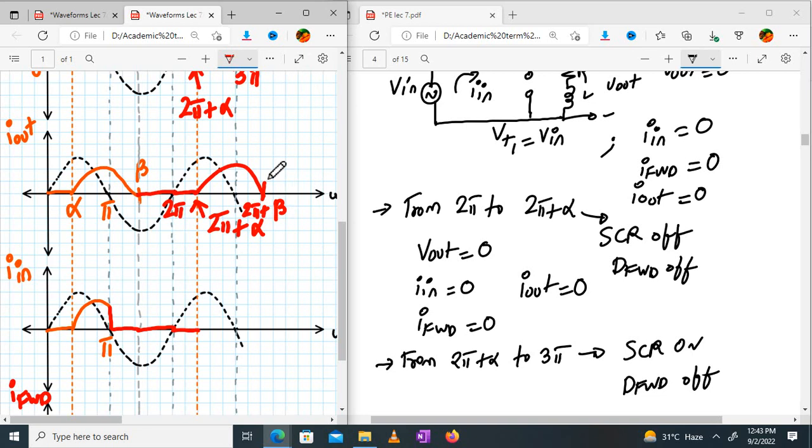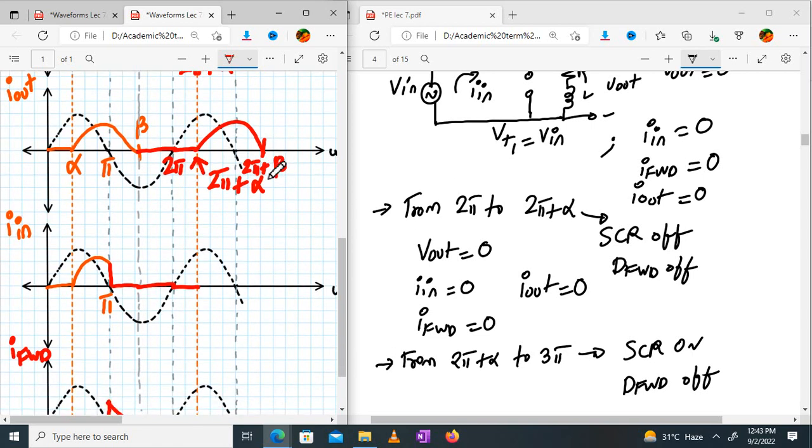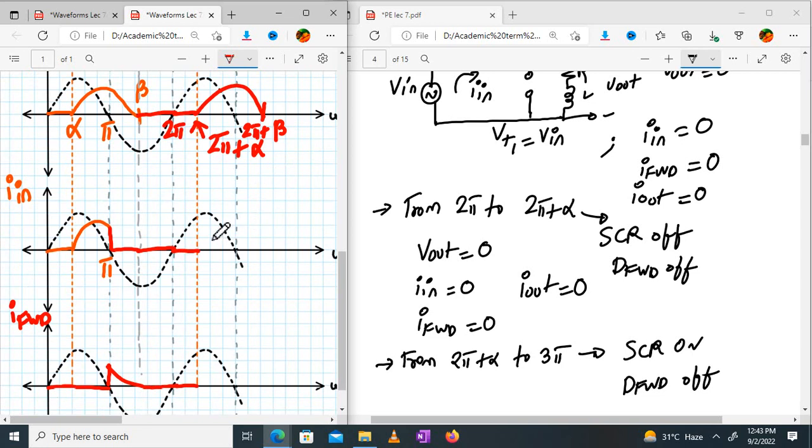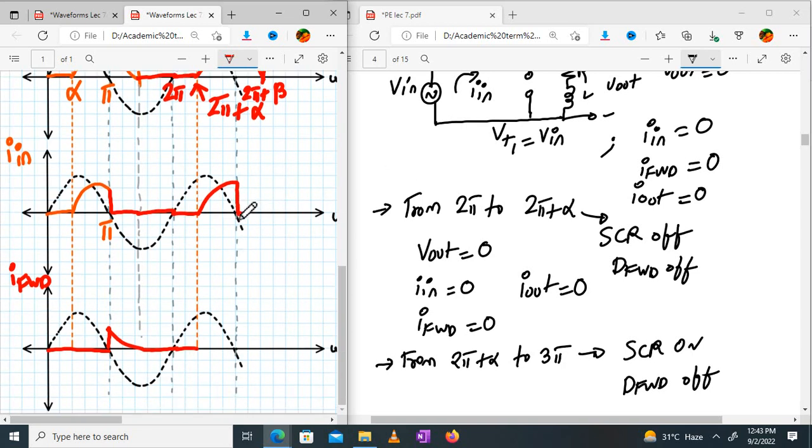Alpha it will start, beta it will end. If it starts at 2 pi plus alpha, it will end at 2 pi plus beta. We know beta will be between pi and 2 pi, 180 to 360. What about my input current? Again it will start rising, and it will continue up till here only, and afterwards it will remain 0.